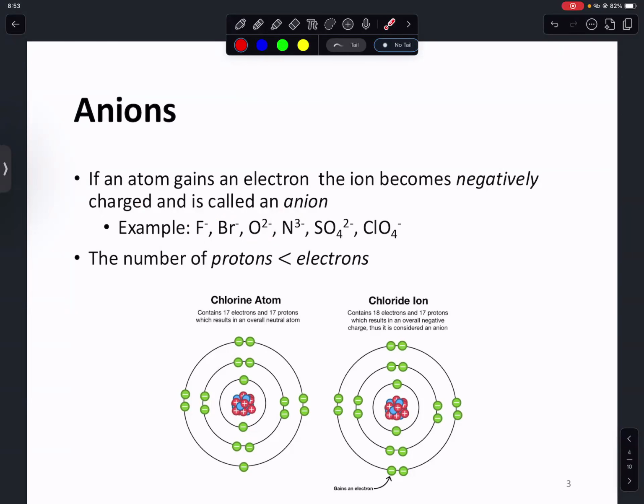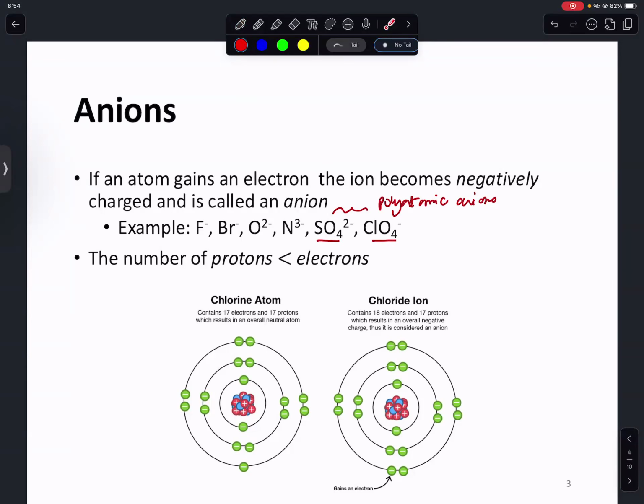We will learn, by the way, the naming. Or you can have also polyatomic anions, such as sulfate or perchlorate. And we will also learn how to name our ions.